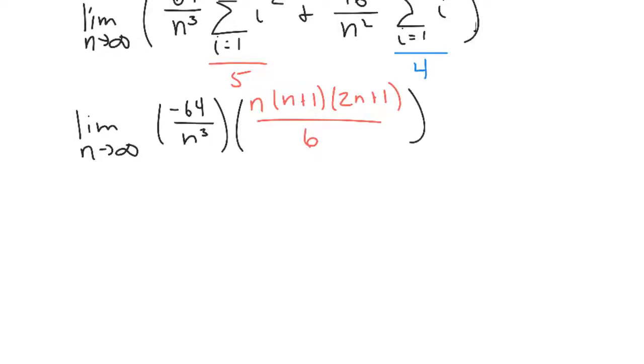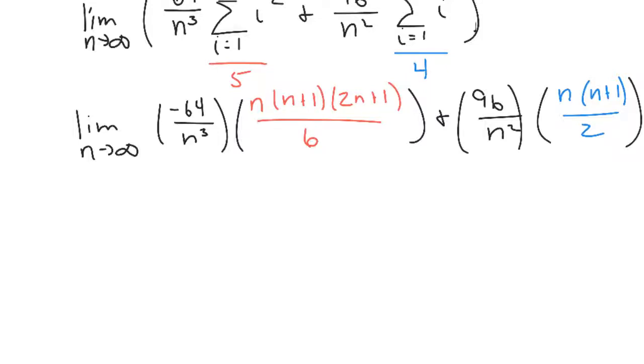That is property 5. Plus 96 over n squared times the quantity, and here's property 4 in blue, n times n plus 1 over 2.